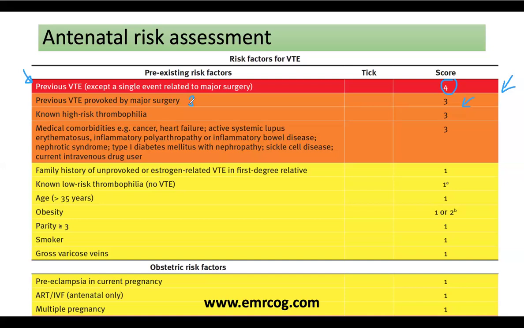Excellent. High risk thrombophilia. High risk thrombophilia means that the woman carries the gene of the high risk thrombophilia, but is not symptomatic yet. So this is the tip here. This is the tricky point, that the women who have high risk thrombophilia alone have the score of 3, and this is a special case scenario.